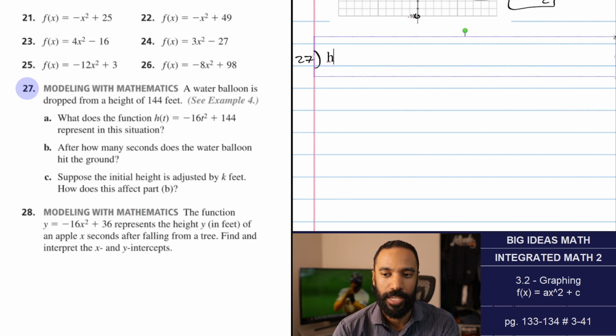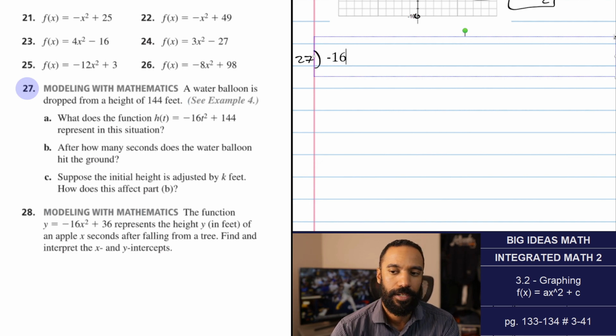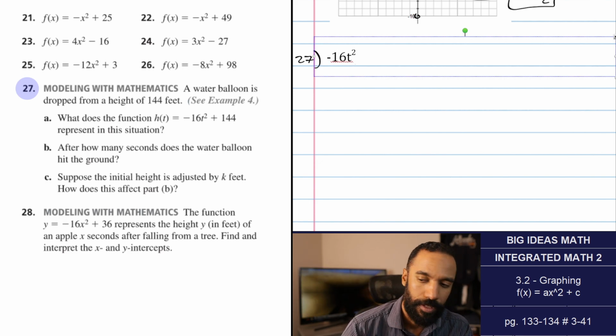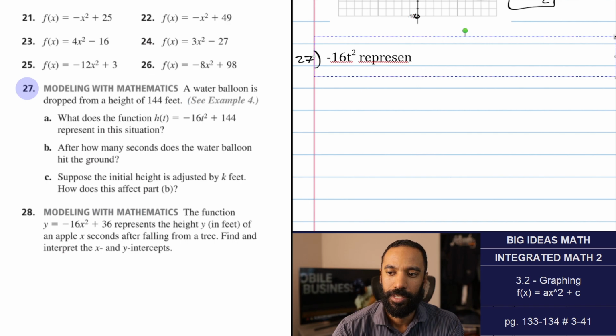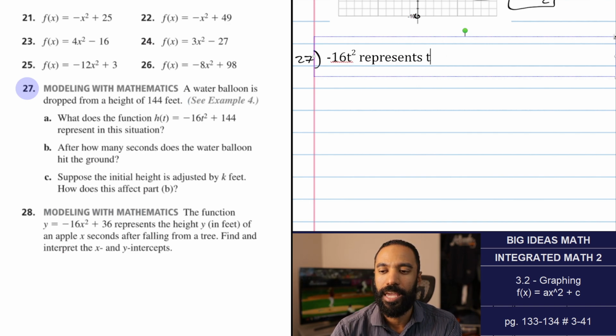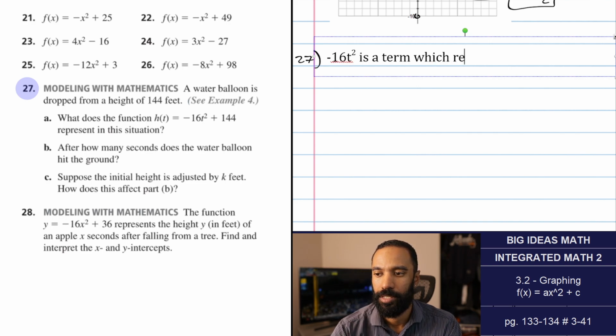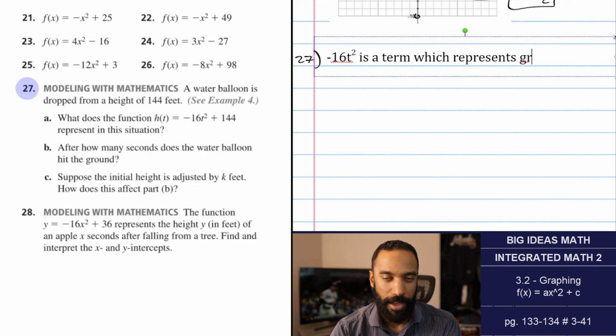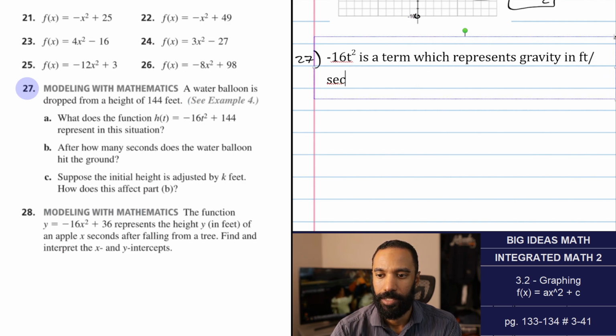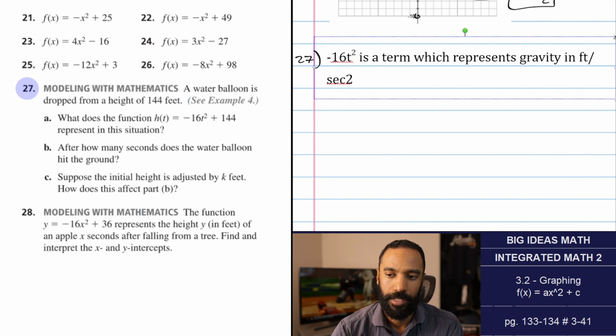H of t, let's see, negative 16t squared, how about, is a term which represents gravity in feet per second squared on Earth.